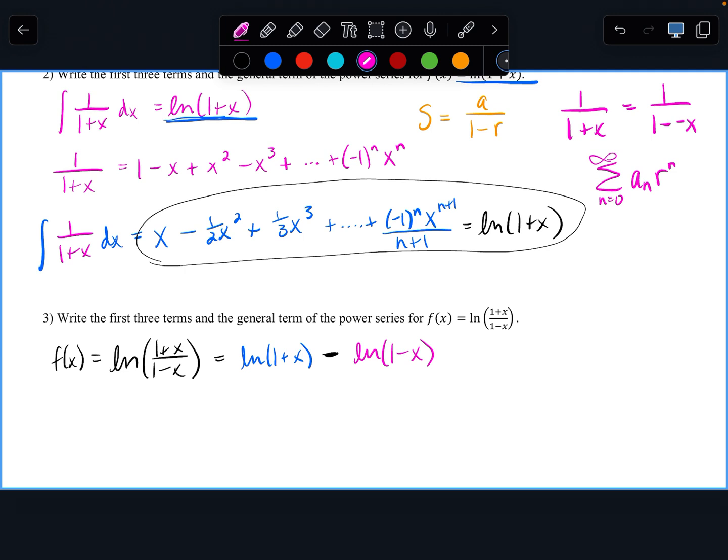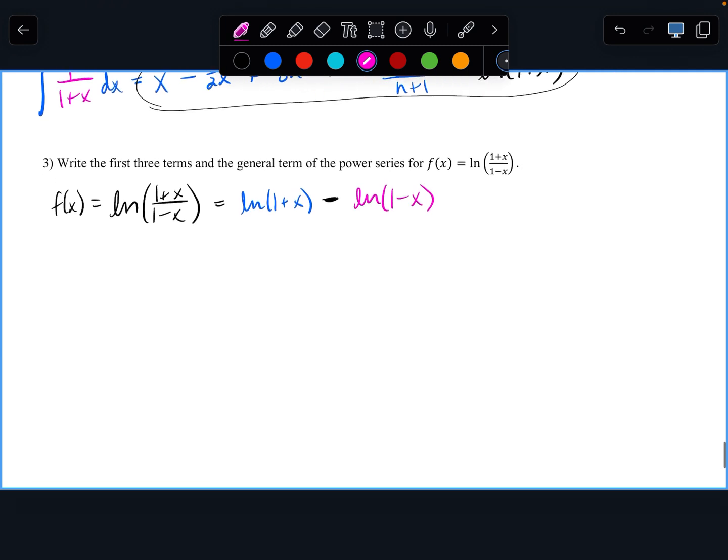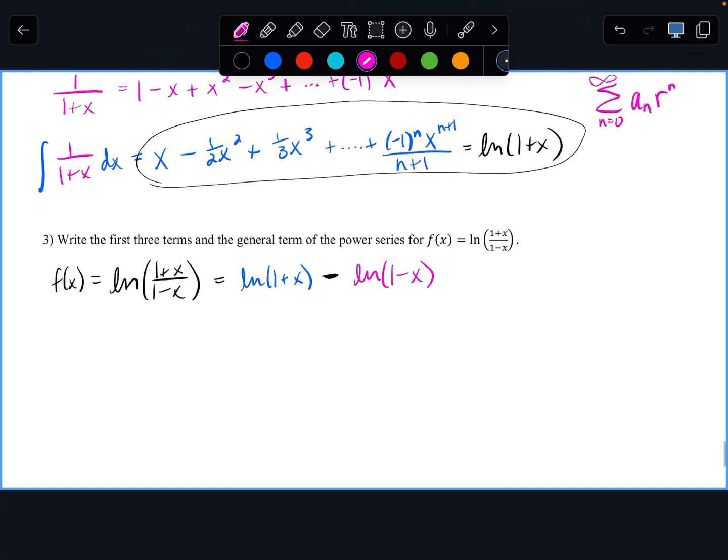Right? And what you want to notice is we already did this one. Notice how we already did it. So, to get the beast done, we're going to have to take the one I found.